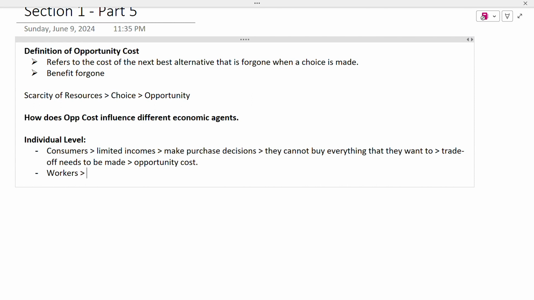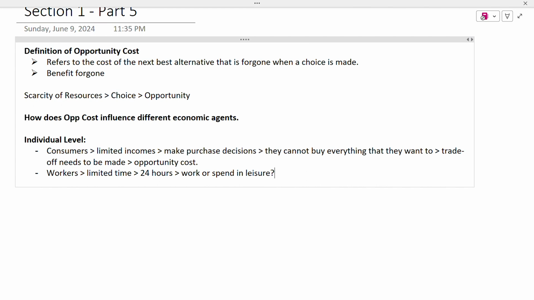Workers have limited time, so they need to decide how many working hours they need to put in, and how much income they need to earn. Obviously there are only 24 hours available in the day, so a worker needs to decide whether to work or spend time in leisure, right? For example, as a teacher teaching in a school, I could have spent that time sitting in my lounge and enjoying a Netflix show.